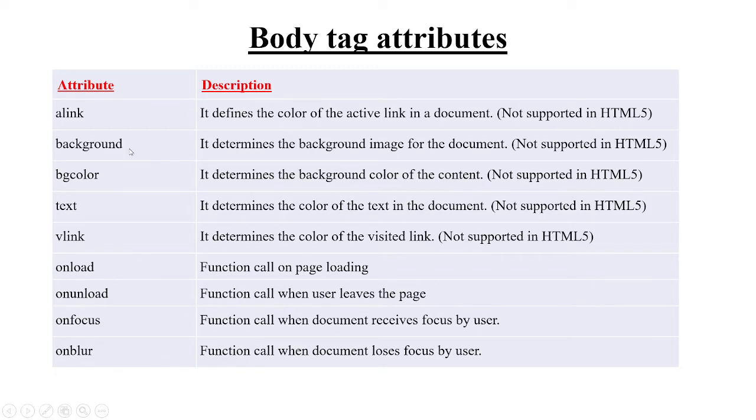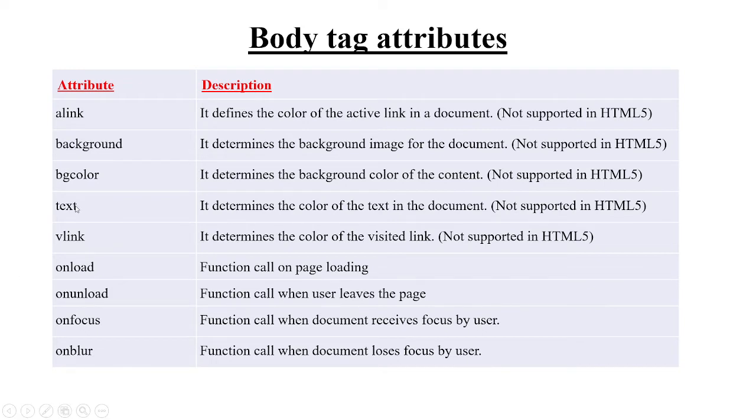Now let us move to the second attribute, that is background. This attribute is used to display an image for the document. Suppose you want to display an image as the background for your web document, then we can use this background attribute and give the image file which you want to display as a background.